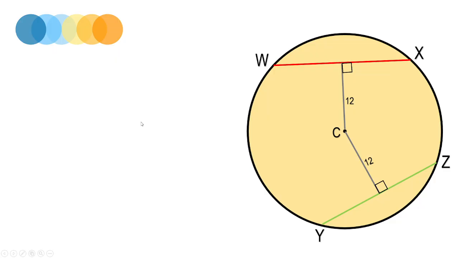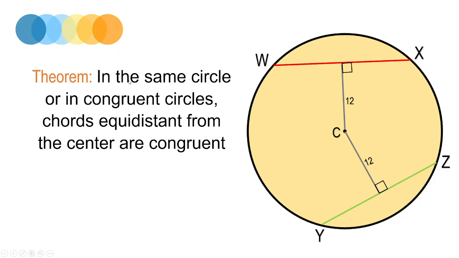And last but not least, the fifth theorem: in the same circle or in congruent circles, chords equidistant from the center are congruent. In our case, let's just consider the same circle. We have chord WX here and chord YZ. Equidistant means the same distance. Remember the earlier definition of distance from a point to a segment.